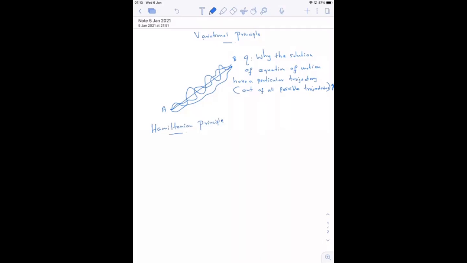So what this Hamiltonian principle tells you is, let me first write it here.